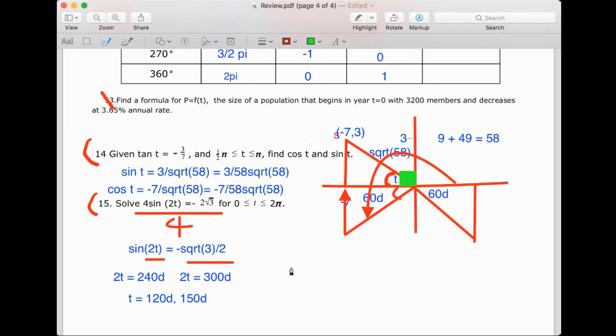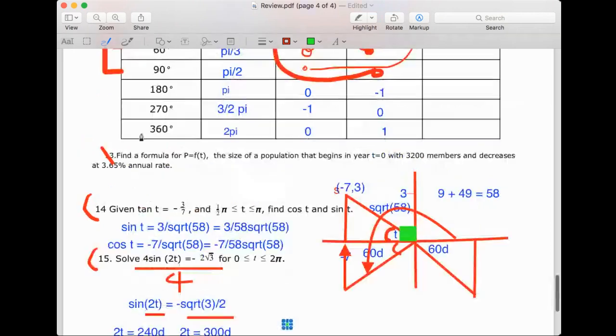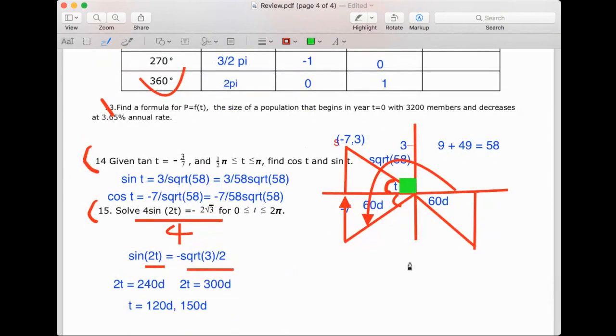This d means degree, a little circle on top of the number, just like this. You have 2 solutions for sine because we always get 2 positive and 2 negative in the 4 quadrants. In 2 quadrants, the sine value is positive. In another 2 quadrants, the sine value is negative.